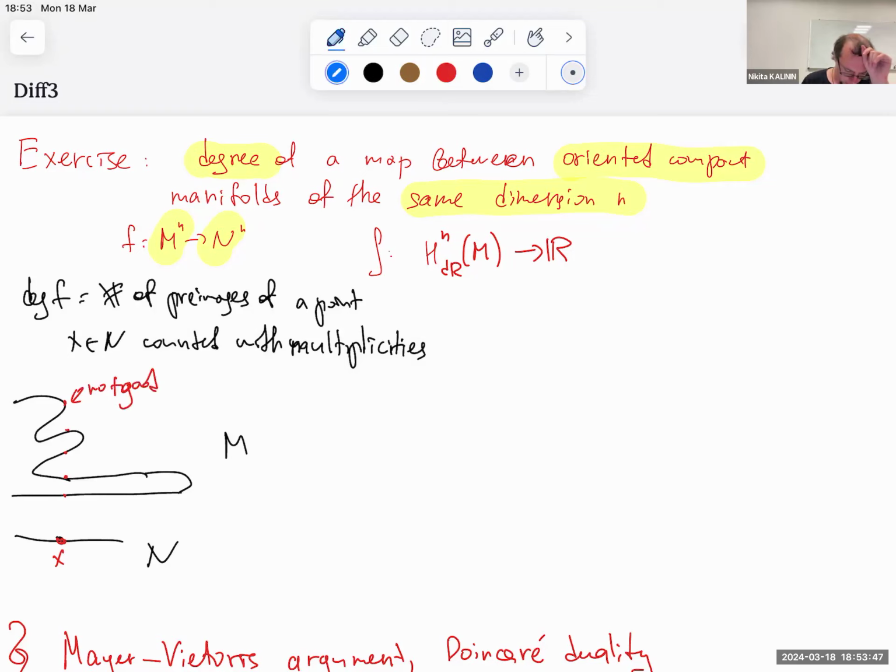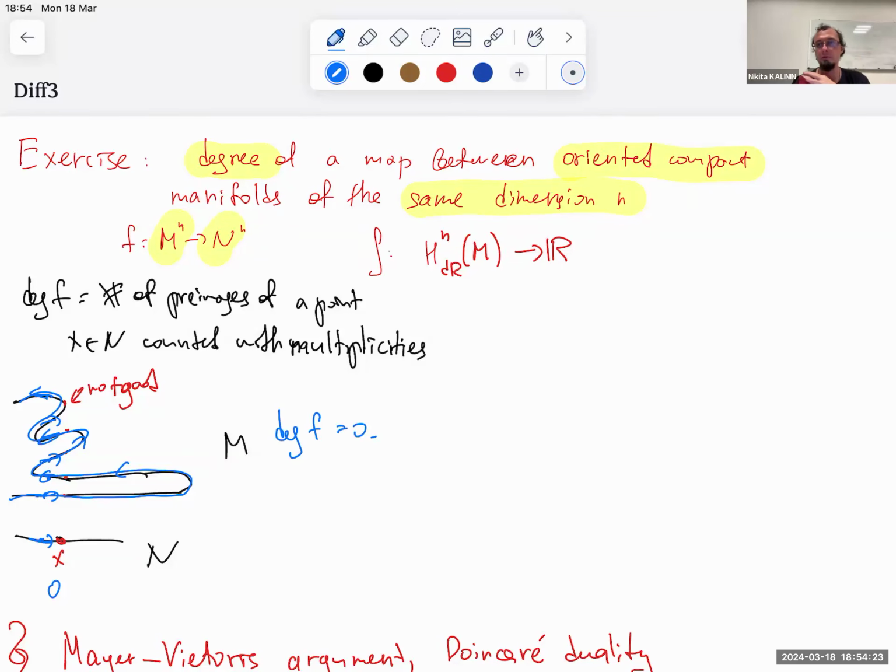It's better to take a point where all the preimages are non-degenerate. And then you consider them with signs. The signs are simple to understand. Here you have an orientation in N, and here you also have orientation in M. Then basically you count how many times it goes in one direction and in another direction. So here it will be 0, right? The degree of this map.